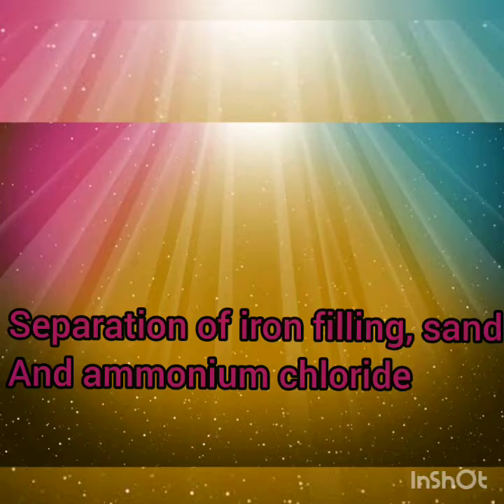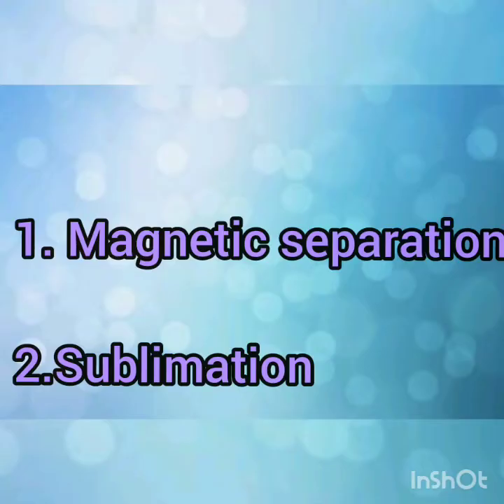Whenever we want to separate the components of a mixture, we should first find out some properties which are different for different components. Like in this example, we know very well that iron is attracted by a magnet, whereas ammonium chloride undergoes the sublimation process. But sand does not show any of these properties. So the difference in their properties will be used to separate them from their mixture.